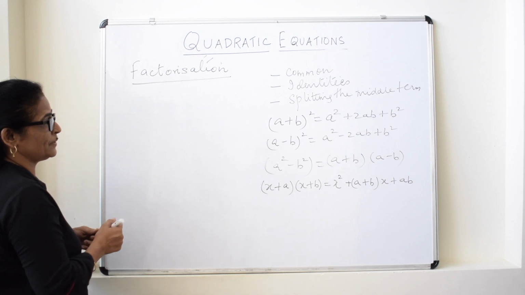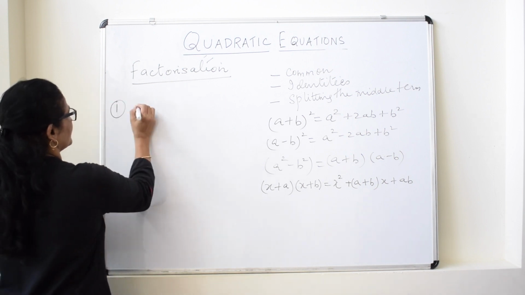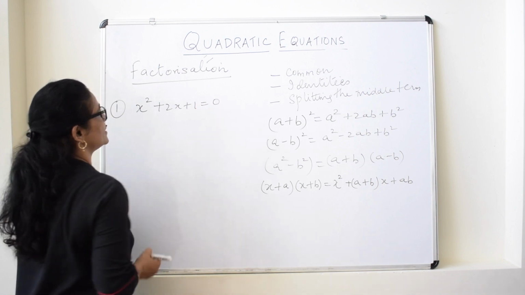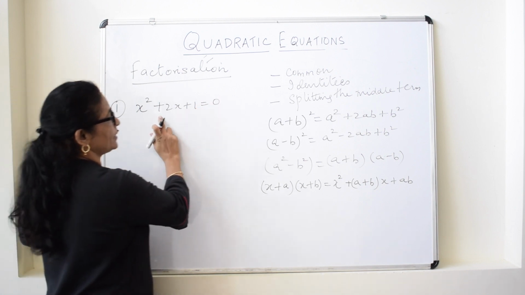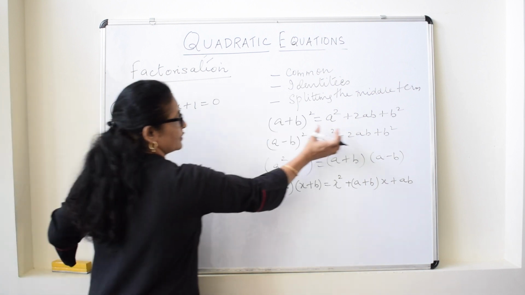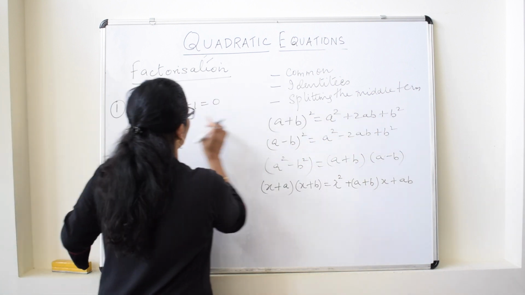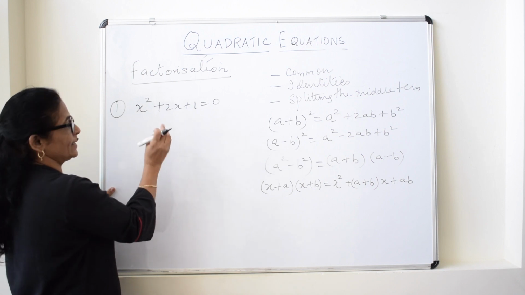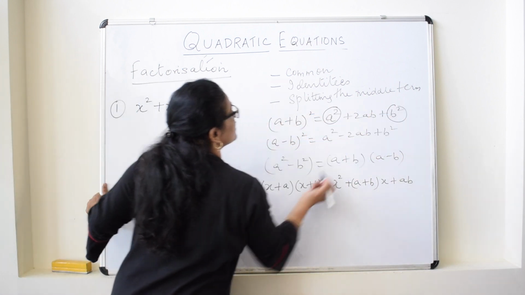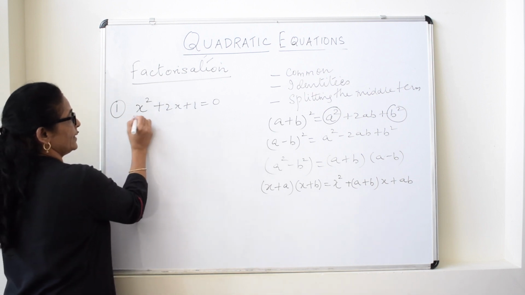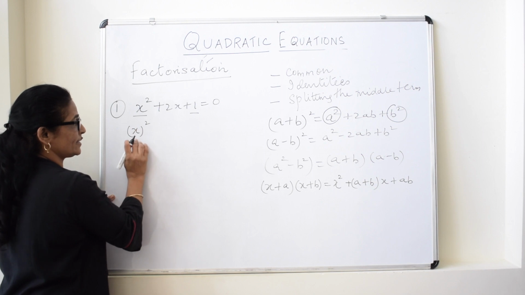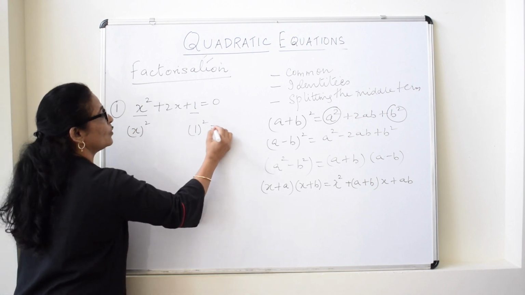We'll take some examples. First is x square plus 2x plus 1 is equal to 0. Now compare it with all these identities. What is given? Three terms are there, all positive. And we have to see that two terms are squares. Here x square and 1. x square is the square of x, and 1 is the square of 1.